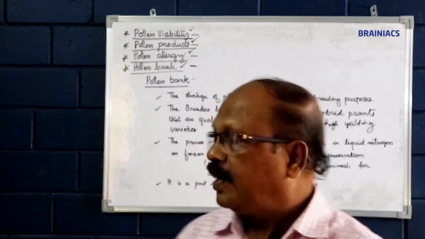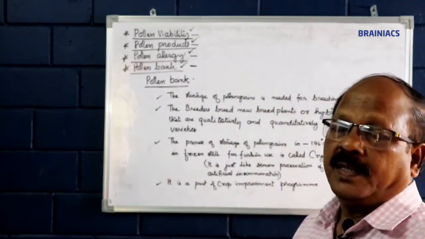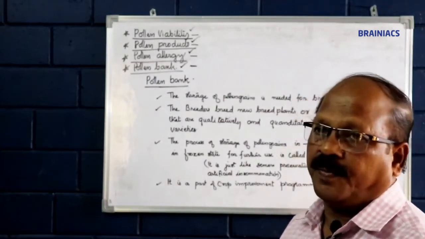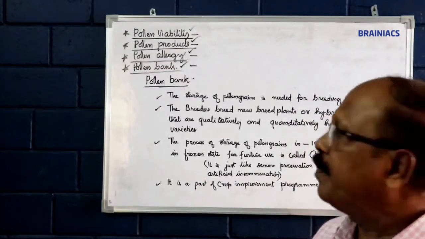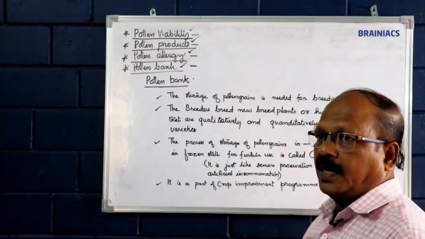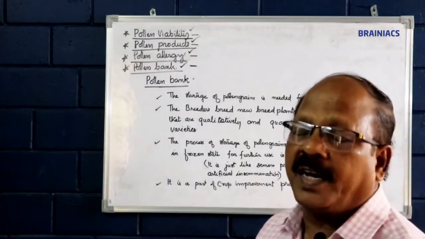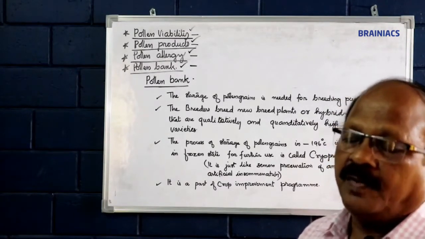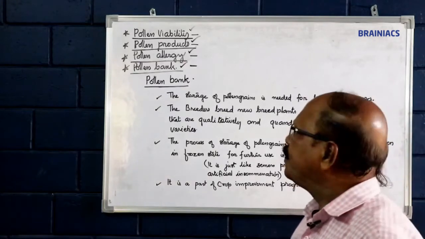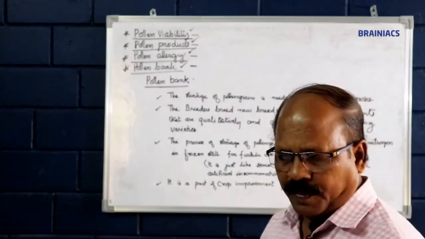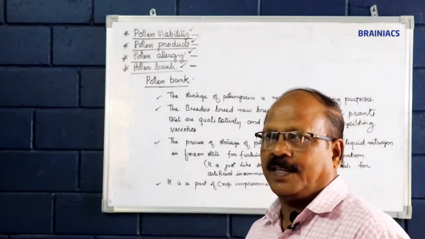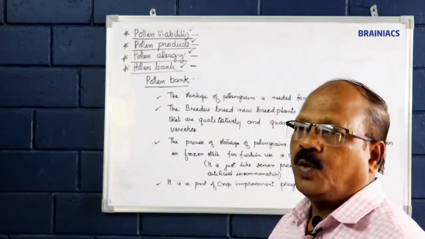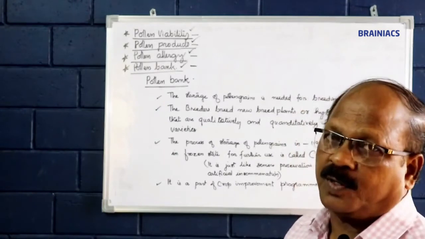Remember please, pollen viability is the period that pollen grains remain functional for pollination and further development. Pollen products: as the pollen grains of some plants are highly nutritive, they are edible, most probably in western and eastern countries. In India also. For example, the pollen grains of Hibiscus rosa sinensis or China rose are edible for those who are suffering from imbalance of hormones.